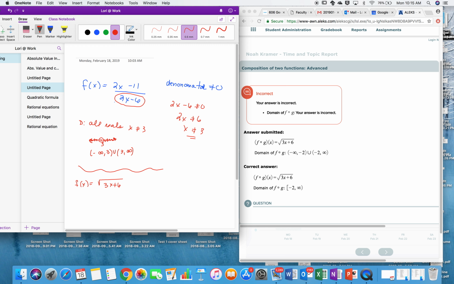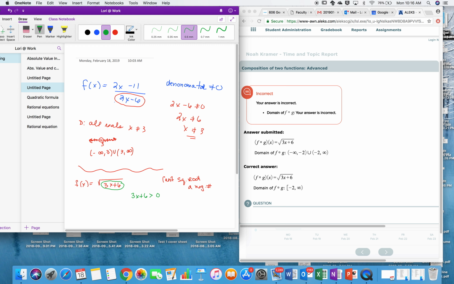What can't happen is I can't take the square root of a negative number. So that means whatever is under the radical, 3x plus 6, has to be greater than 0.